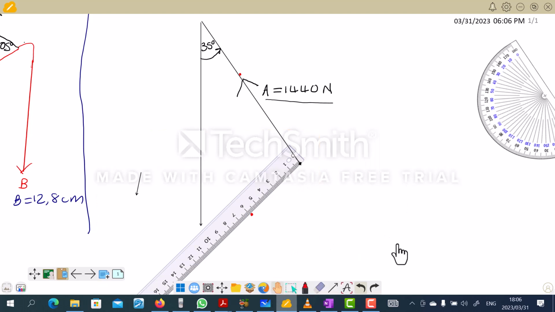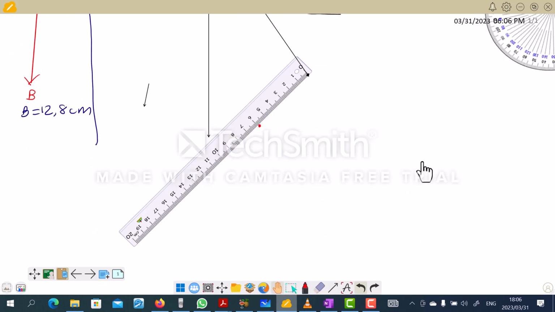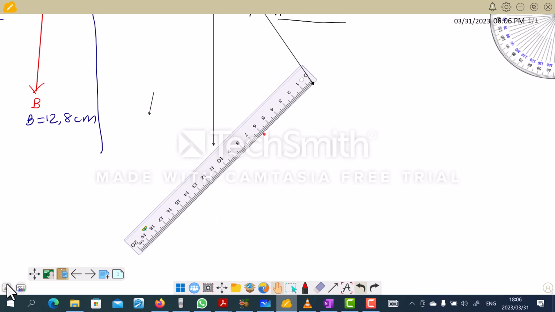So right, let me just draw this line. I'm going to check where it ends. 12.8. So let's draw a line. We start from where A ends, and then we draw a line which is 12.8.